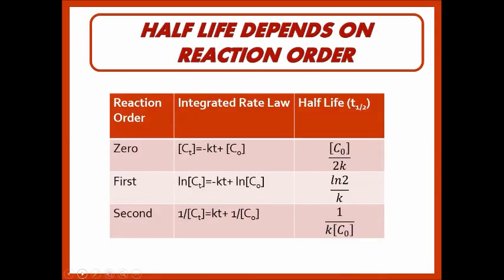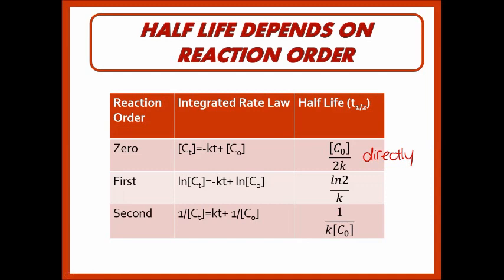And so from the integrated rate laws of the reaction orders that we typically see, such as 0, 1st, or 2nd, we can actually derive the half-life equation for each of the reaction orders. Now it's important to note that the relationship of half-life to the initial reactant concentration changes with reaction order. For our zero order reaction, half-life is going to be directly proportional to the initial reactant concentration.